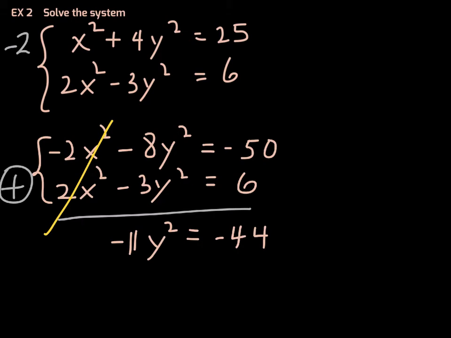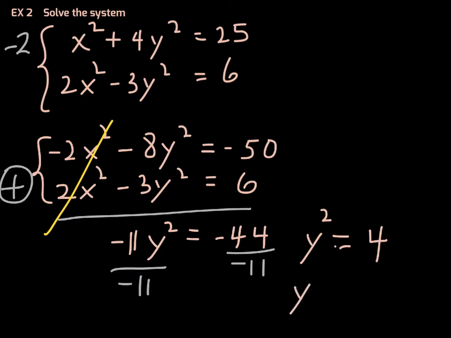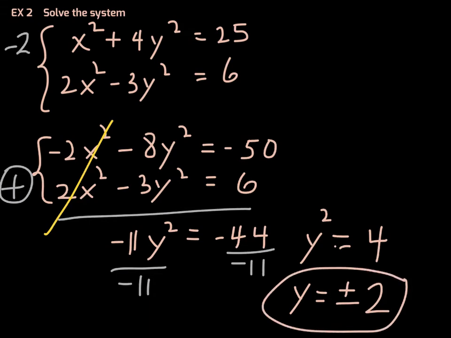I suggest we divide both sides by -11, which will lead us to y squared is equal to +4. Now, when you take the square root of both sides, you have to remember the plus or minus symbol, okay? And the square root of 4 is 2. You have 2 different y values that you need to plug in.